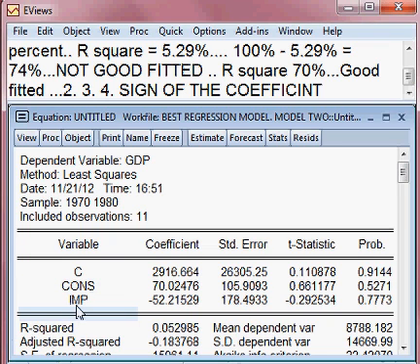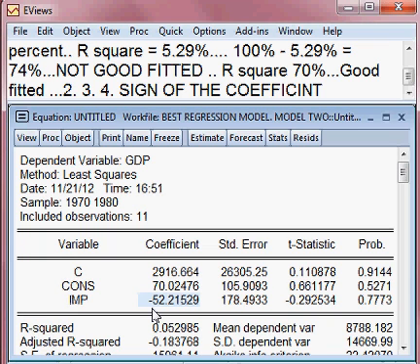And what do we know from economic theory? We know that when the import goes up, GDP goes down, or when the import goes down, GDP goes up. And this minus sign means yes, it is following the economic theory.